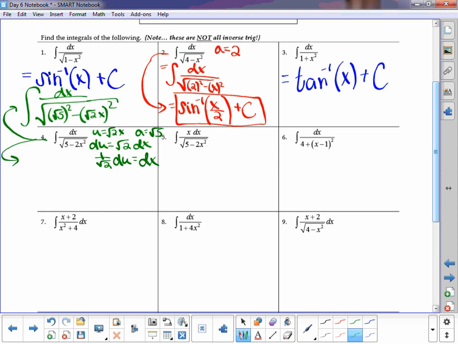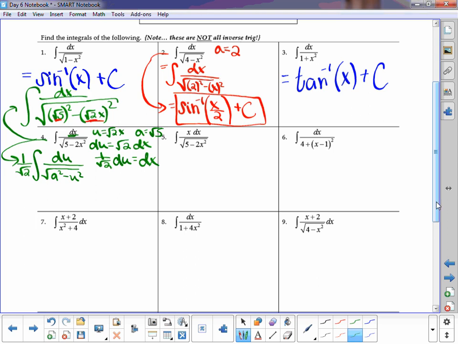Alright, so now let's rewrite this integral. dx is 1 over root 2 du, so I'm going to bring that 1 over root 2 in front. And down here I've got the square root of a squared minus u squared. So again, I'm just replacing this with a and this with u.